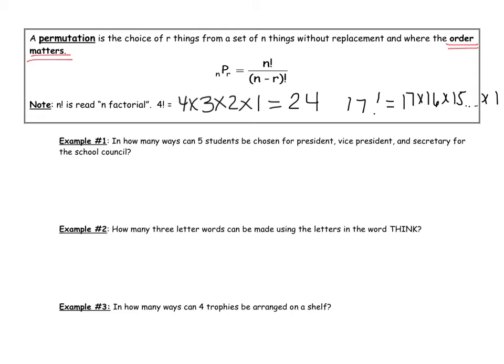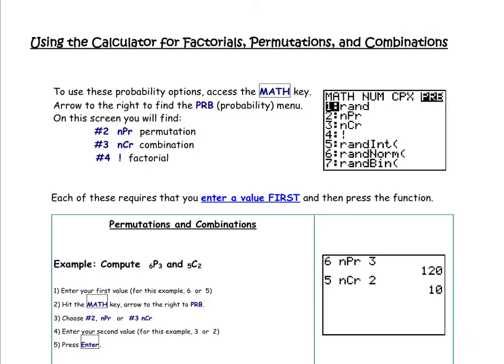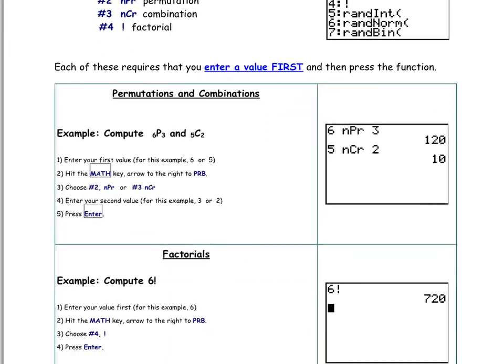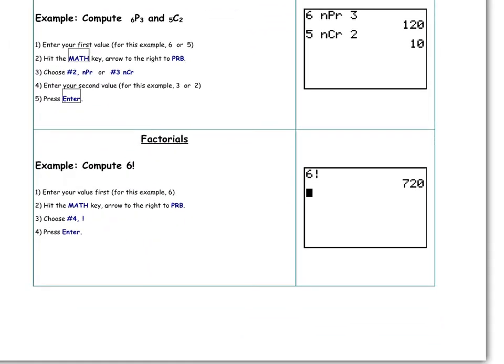Let's explore the calculator. So let's go to the last page of the packet. It looks like this, and we're going to use the calculator to find factorials. So let's go down to the bottom where it says factorial, so right about here. So we want to, for example, compute 6 factorial. So what you're going to do first is clear your calculator screen. Make sure you have a clear screen. Enter your first value.